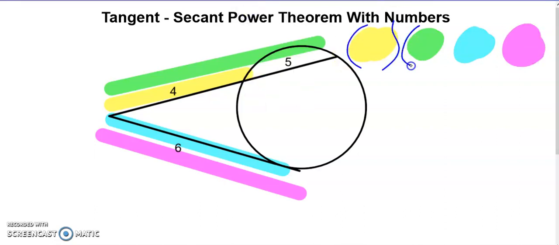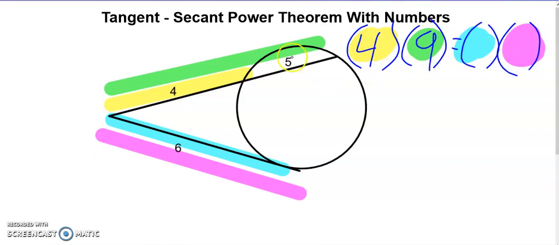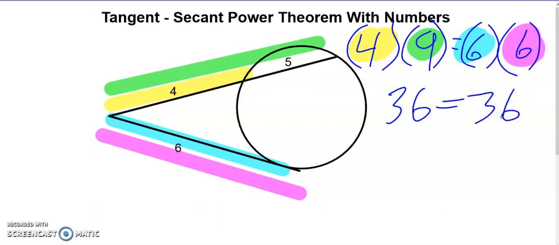Multiply those, make it equal to blue times purple. So I'm going to do 4. Now the whole thing is 9 because 4 plus 5 is 9. Outside times whole equals outside times whole, and on a tangent, they're the same. So 4 times 9 is 36. 6 times 6 is also 36.